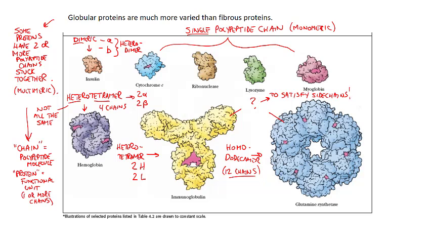So proteins like this that have multiple chains are said to have quaternary structure. So quaternary structure is exactly the same thing as tertiary structure. It's all about the side chains interacting with one another. Okay, but it's between different chains.